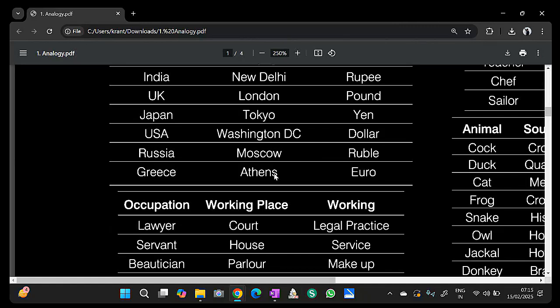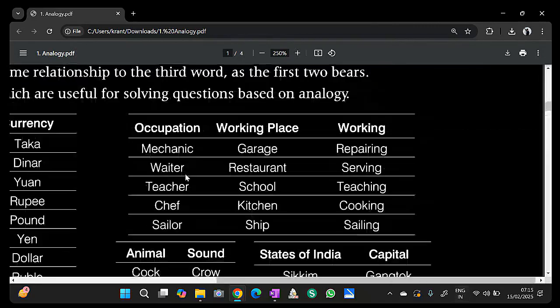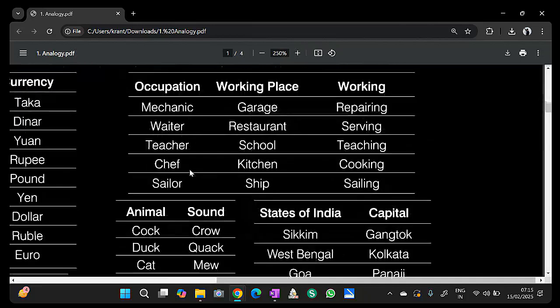Beautician: where does the beautician work? Parlor. And the name of the work is makeup. Similarly, we'll take some other examples. Mechanic: working place is garage, and the working is repairing.